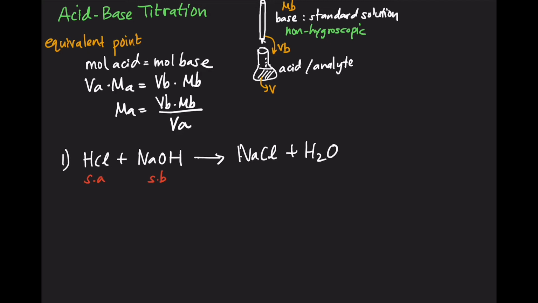Now in this case, as you can see, we do not have anything that is colored. The HCl solution is transparent. NaOH is also a transparent solution. Sodium chloride, if you make a solution of salt, is also going to be more or less transparent, so no color. H2O is water, so it's also transparent.